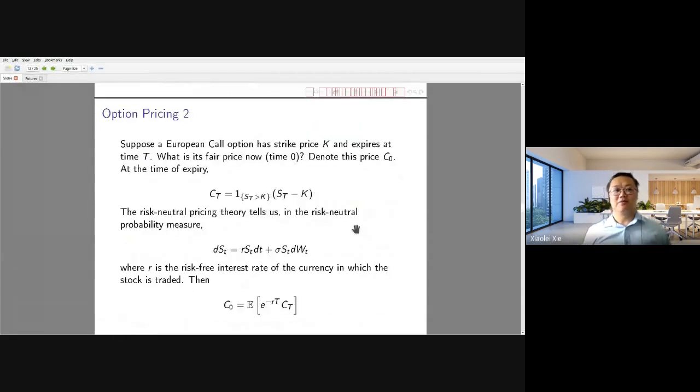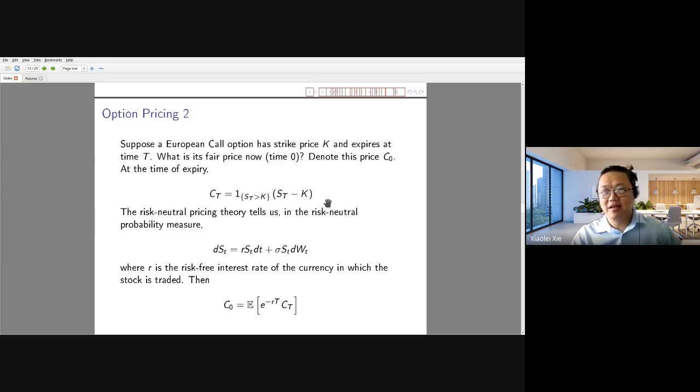Okay, so next we'll talk about how we can calculate a fair price of a European call option. As we said earlier, this European call option allows us to buy the stock on the expiry date at a specified strike price, which we will denote as K here.